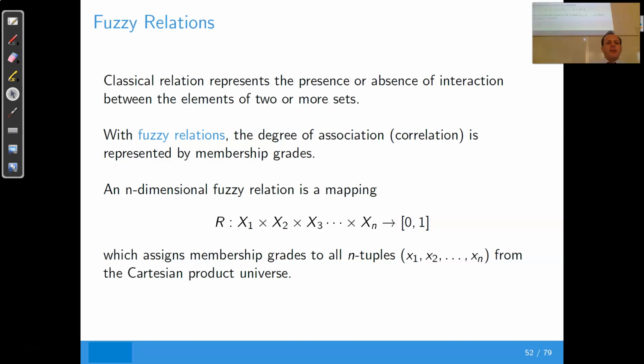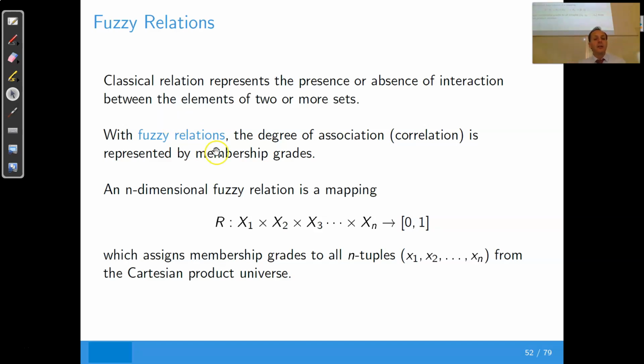If you think what a relation means, a classical relation represents the presence or absence of interaction between two elements of two or more sets. Of course, classical means in the Boolean domain. With fuzzy relations, we are not defining it as in the classical framework, as a Boolean, which means true or false.